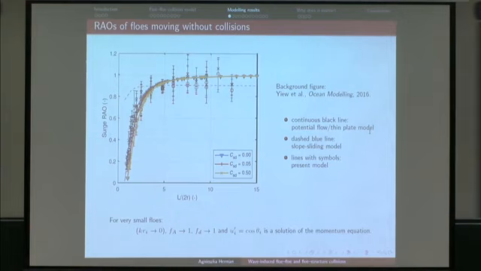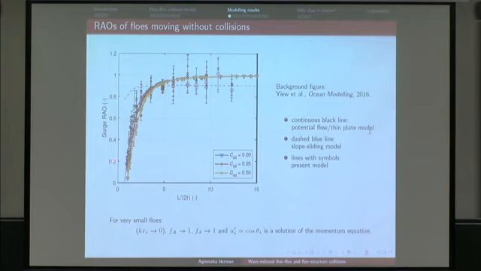What you see here in the background is the figure from the paper by Lucas Yu, showing experimental data, and it's not easy to see, but there are two curves in this original figure.